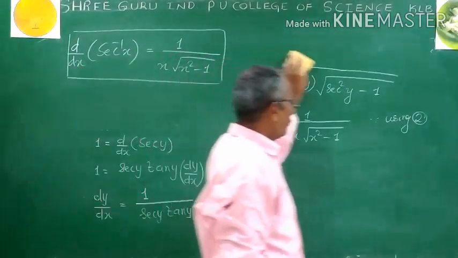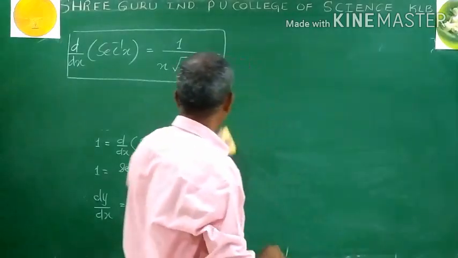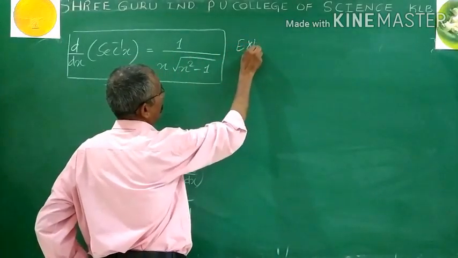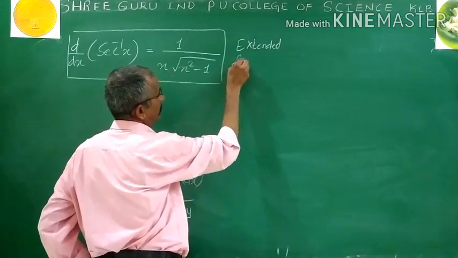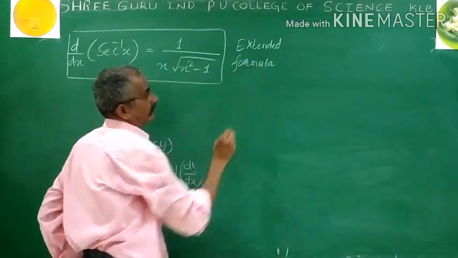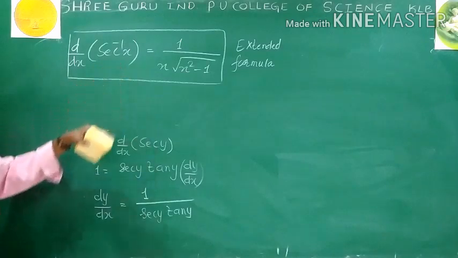And the same formula we can write in extension manner, meaning composite function nature, the extended formula. Extended formula means instead of x, any function may be there.